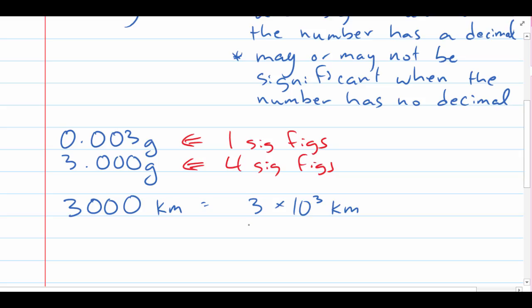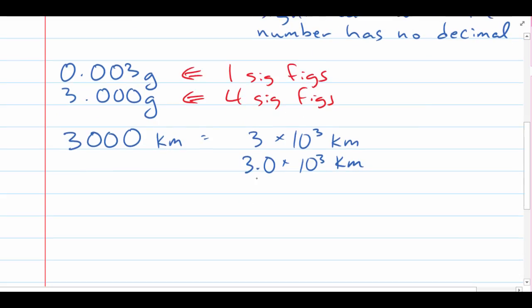But if we wanted to show this to the nearest 100, we could write it as 3.0 times 10 to the third kilometers. If we wanted to show it to the nearest 10, we could write it as 3.00 times 10 to the third kilometers. And if we wanted to show that this digit was uncertain, we'd write it as 3.000 times 10 to the third kilometers.